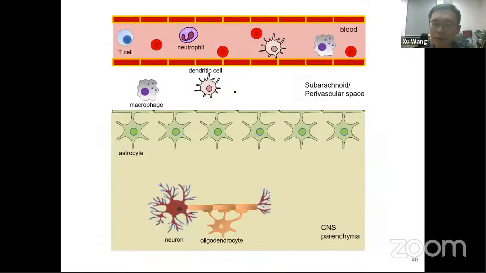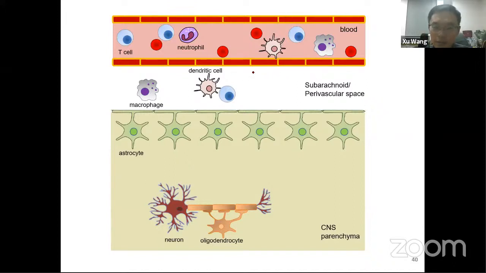Upon EAE induction or mock immunization, myelin reactive T cells are primed in peripheral lymphatic organs, and some T cells can invade the subarachnoid perivascular space through leptomeningeal vessels or choroid plexus.